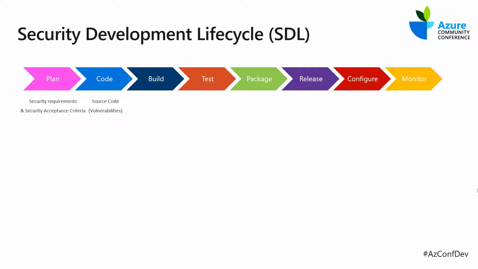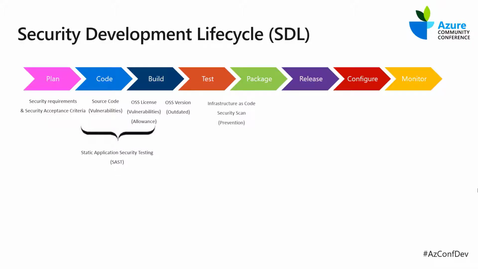When we look at the code, we need to check for source code vulnerabilities or for open source software license vulnerabilities or allowance. Also look at outdated open source. And in order to do that, we will use static application security testing as a part of our practices.